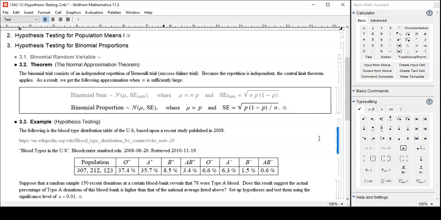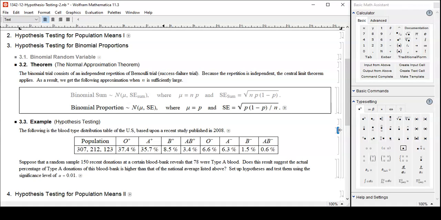Here's a source in Wikipedia and so on. All right. Suppose that a random sample of 150 recent donations at a certain blood bank revealed 78 for type A blood. Does this result suggest that the actual percentage of type A donations of this blood bank is higher than that of the national average listed above?